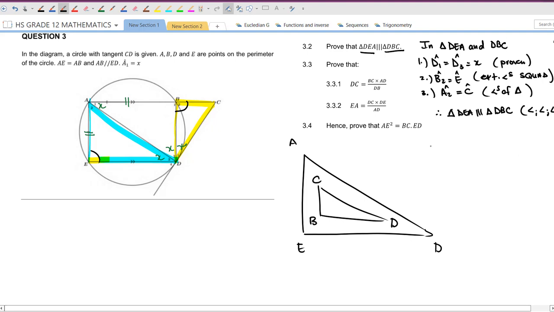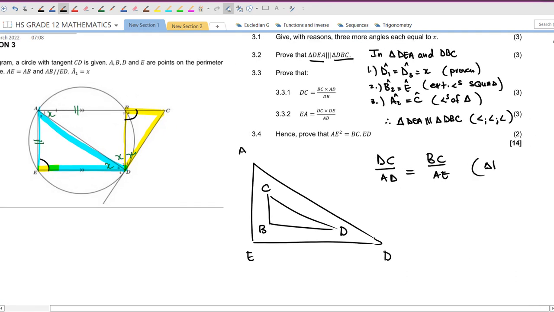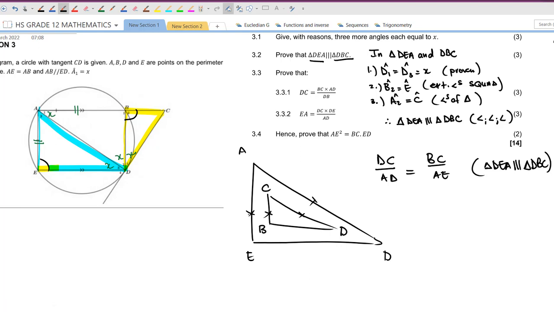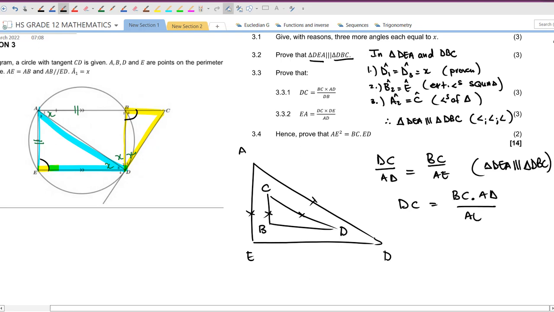So now out of that you can write that DC on top of AD equals BC on top of AE, and that triangle DEA being similar to triangle DBC is the reason. So I just went inside over outside is inside over outside, and now you can multiply right through with AD. So DC equals BC times AD over AE.